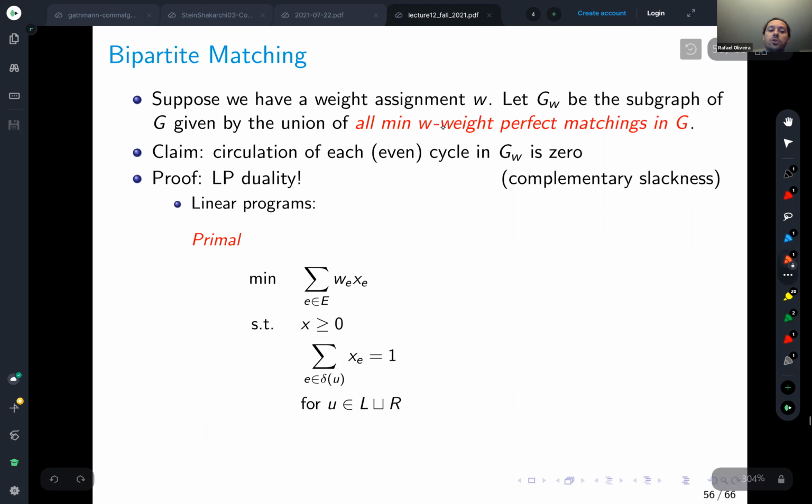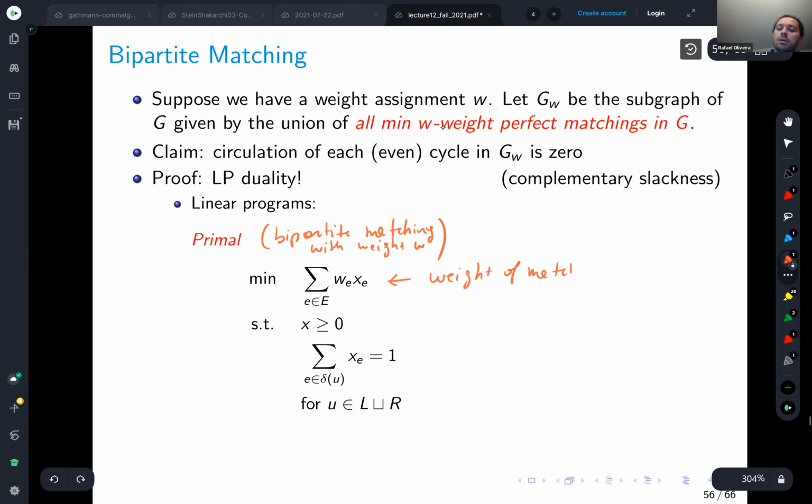So what is the linear program for the bipartite matching problem, with weights W? My primal program is we're going to minimize the weight of the matching. And x_e is going to be greater or equal to 0.